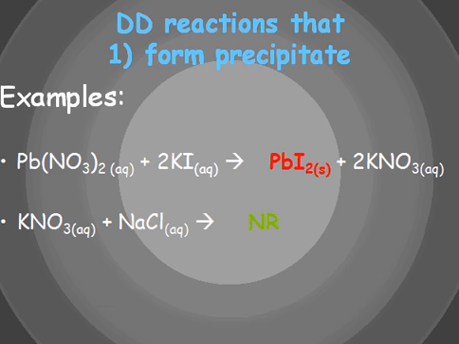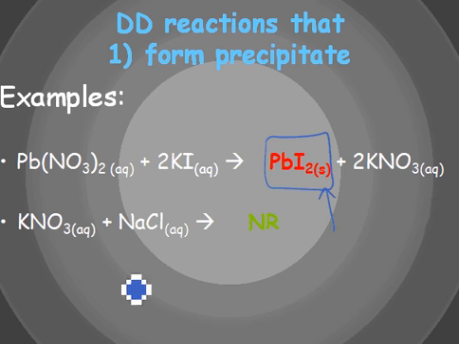So for example, the classic example, lead nitrate with potassium iodide will form lead iodide. If you look that up on the solubility table, it is insoluble, therefore forms a solid, and the potassium nitrate are both soluble.